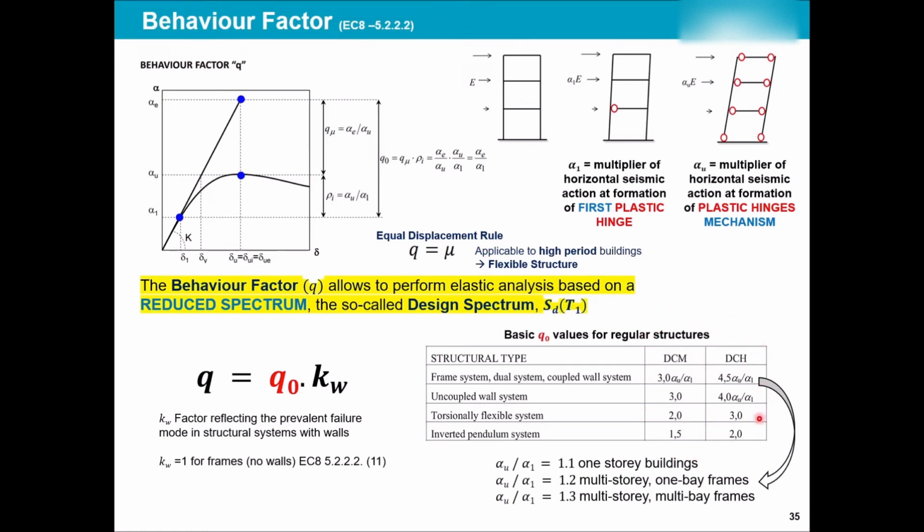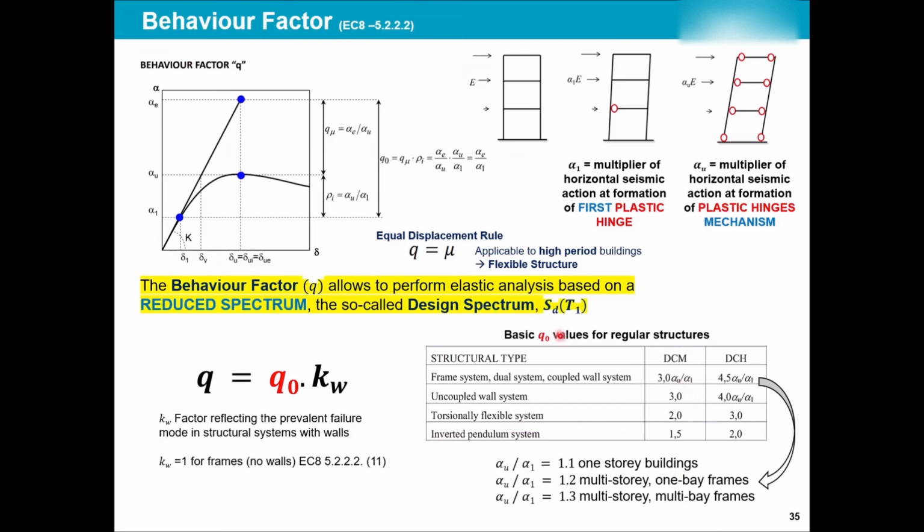We discussed that the Q factor depends on structural typology. So you can see the structural types are divided: frame systems, meaning, for example, moment resisting systems; dual systems, which are a combination of different systems; coupled wall systems, uncoupled wall systems, torsionally flexible systems, inverted pendulum systems.